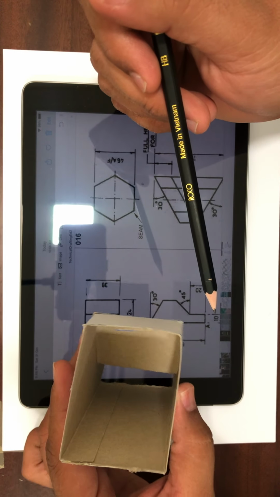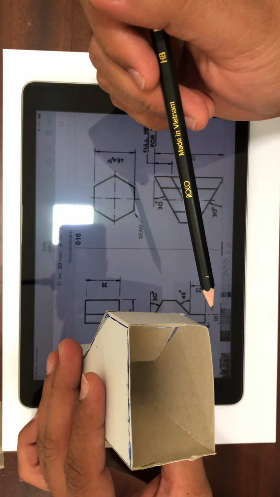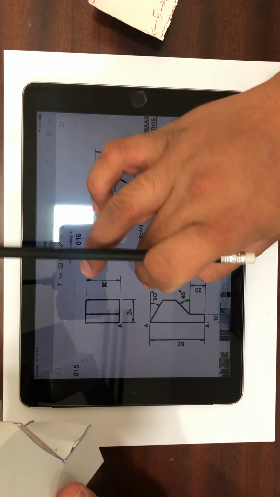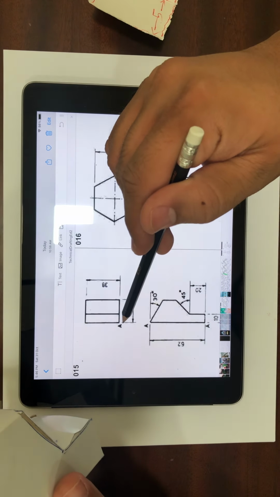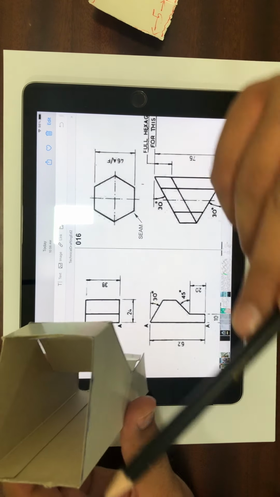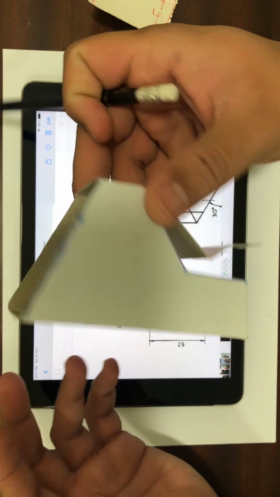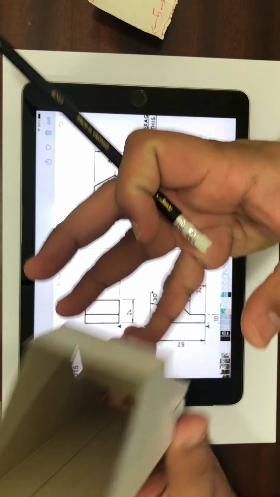Okay, correct or not? Now here the seam is given, A by A, that is, this is the seam. I need to cut it here. Now it is a box. Now it is a complete box.